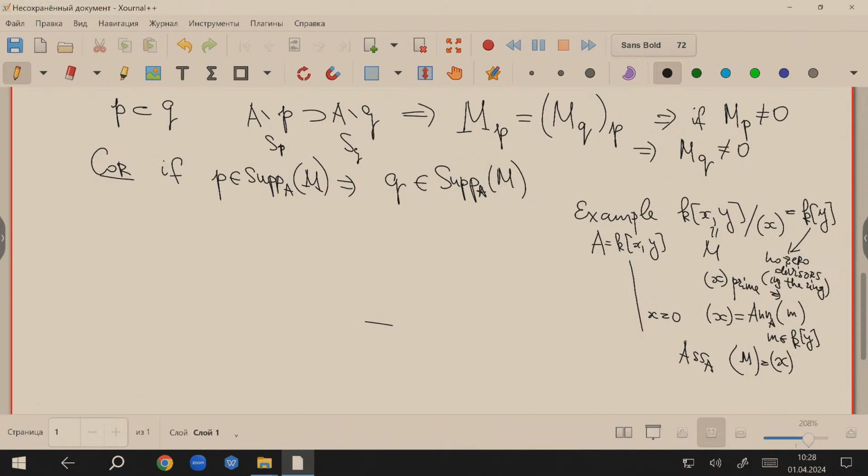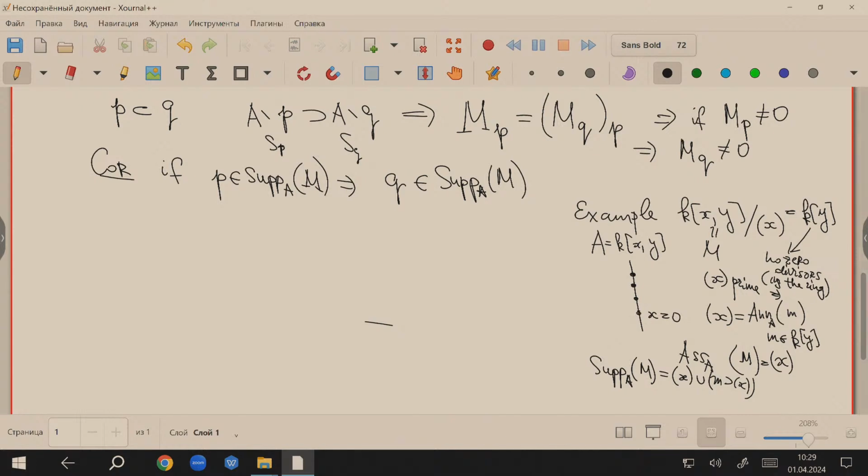And if you look at the elements in the support, you notice that you have to include x in the support, but also any prime ideal that contains x, and in this situation they will all be maximal, and they will correspond to the points on this line.